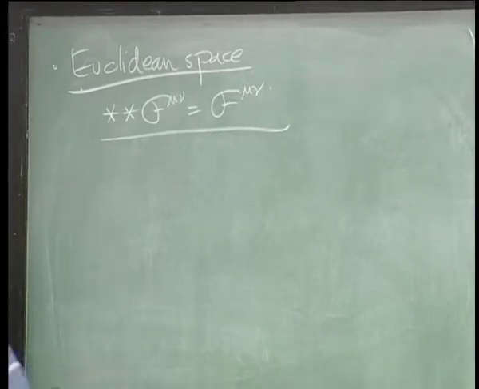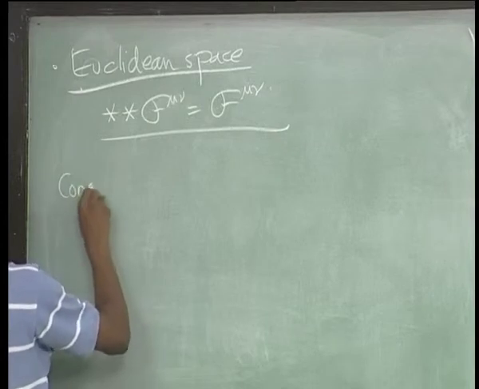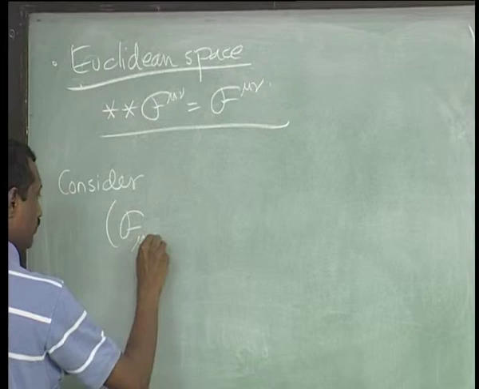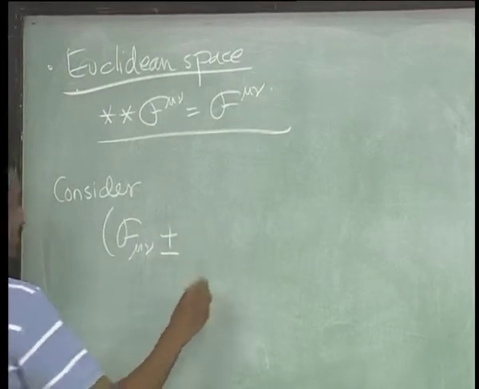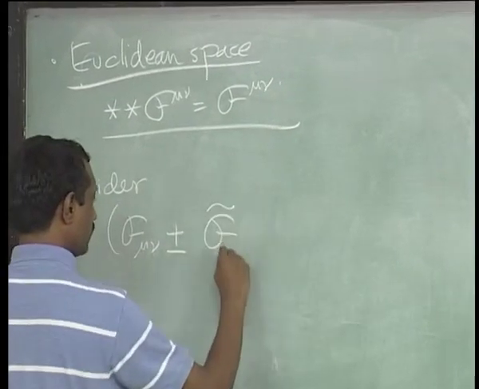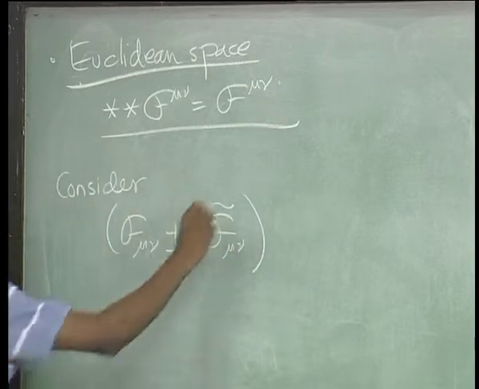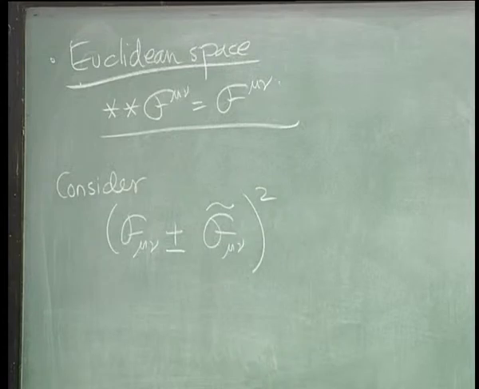Let us consider the following object, f plus or minus f tilde, squared.